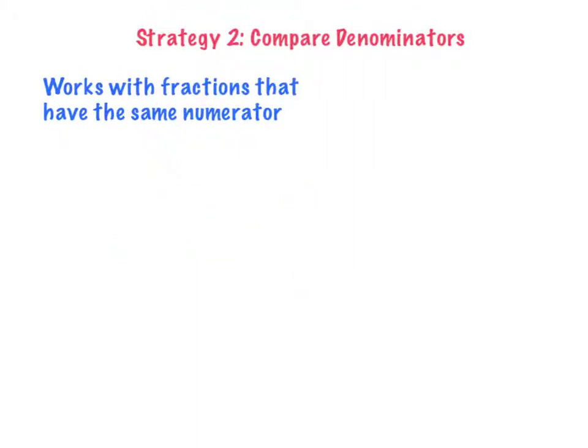Now let's move forward into comparing fractions that have unlike denominators. One really simple way to do this, if the fractions have the same numerator, is to simply compare the denominators. So let me give you a situation. Let's say that we have the fraction 3/5 compared to 3/7.